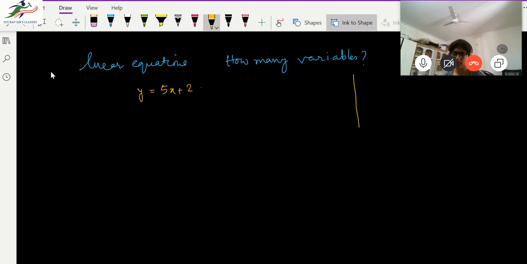So if I plot this, I will put x equal to 0, that means y becomes 2, and y equal to 0, that means x becomes minus 2 by 5. Minus 2 by 5. So it will be a straight line like this, right? Now, what else can you understand from this straight line curve?